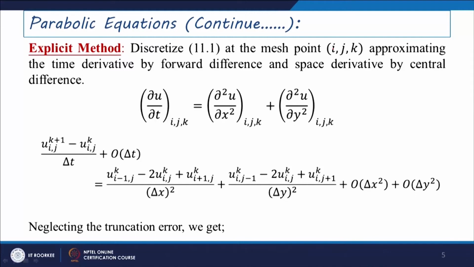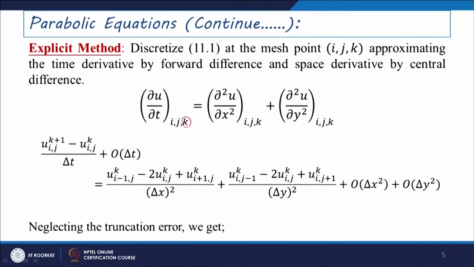If we go for the solution by the explicit method, and want to discretize this equation, del u by del t equals del square u by del x square plus del square u by del y square, at the mesh point i j k, where x represents the ith coordinate, y represents the jth coordinate and k represents the time level. If we approximate the time derivative by a forward difference approach and the space derivatives by central difference approximations, then we can write the del u by del t term.